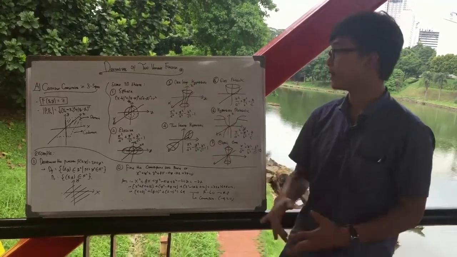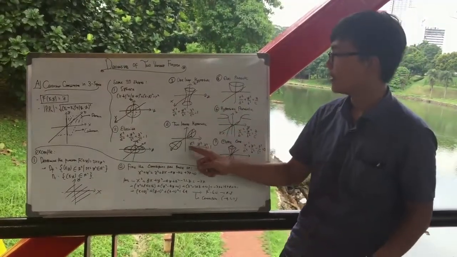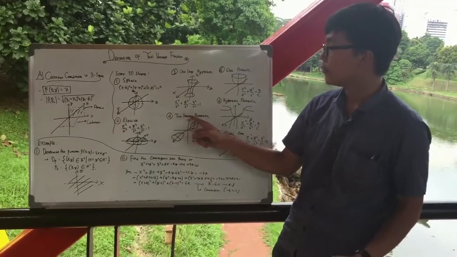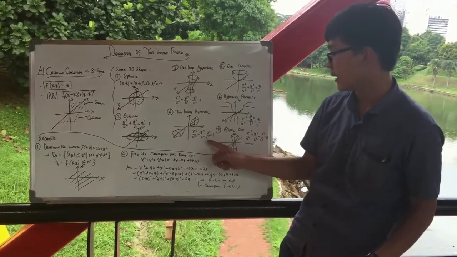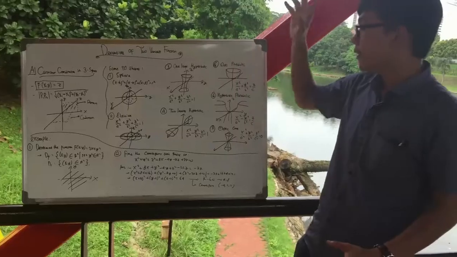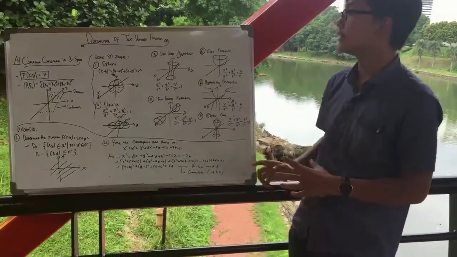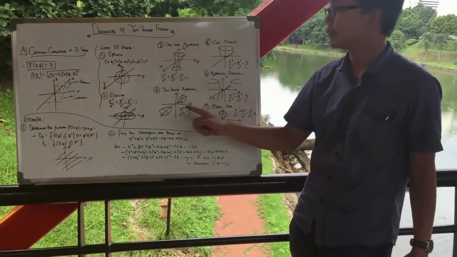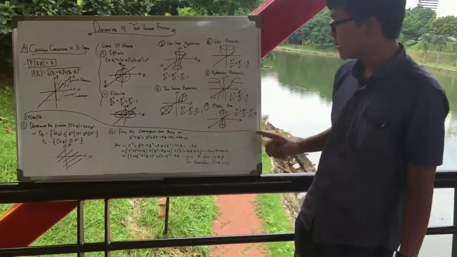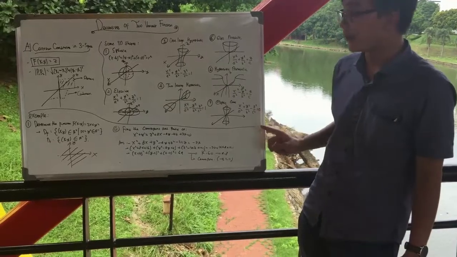For the 1-leaf hyperboloid, the signs will be positive and negative, and for the 2-leaf hyperboloid, the signs will be negative and negative. And for the elliptic cone, the general formula is similar to these 3 formulas, but it equals 0.